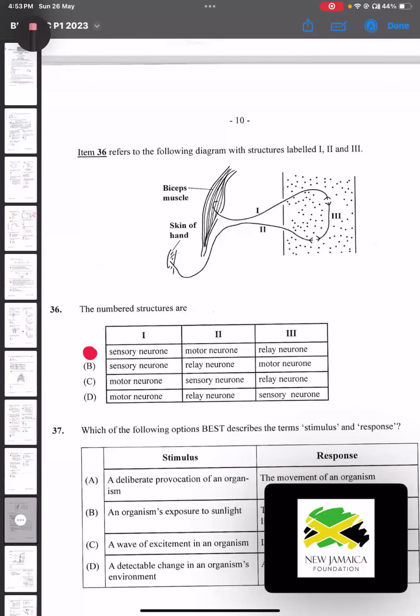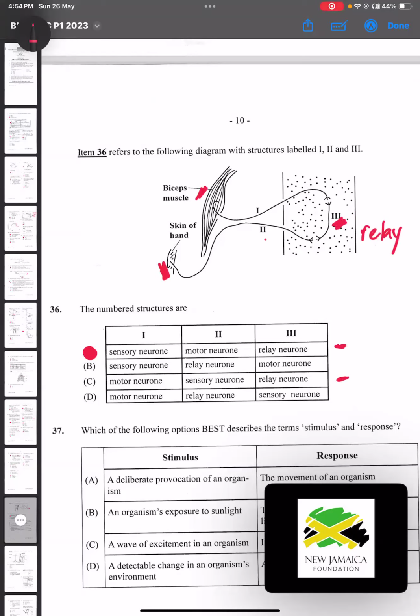So the skin of the hand, we have our biceps, and then we have this would be inside of your, so 3 would have to be your relay. So only C and A have 3 as a relay.